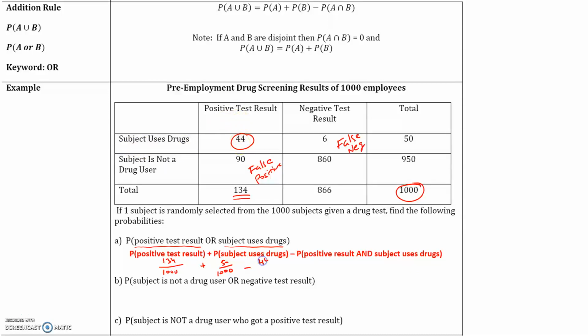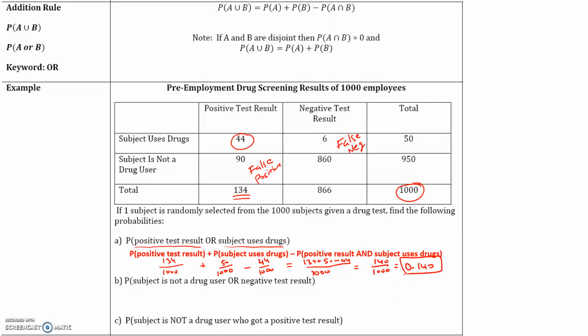So we would subtract 44 out of 1,000. So when we have the common denominator, we would write the denominator as 1,000. We would add 134 plus 50 minus 44. And this gives us 140 over 1,000, which in decimal form is 0.140.